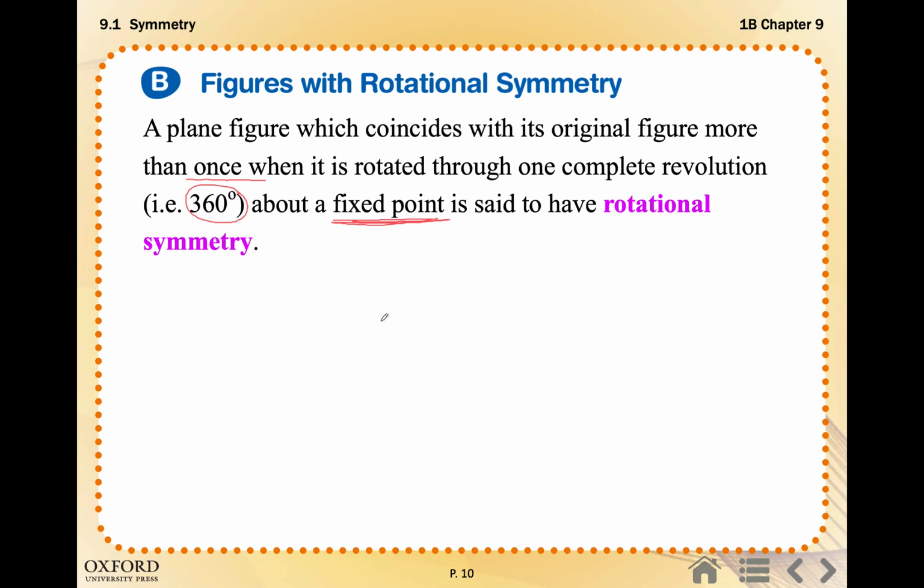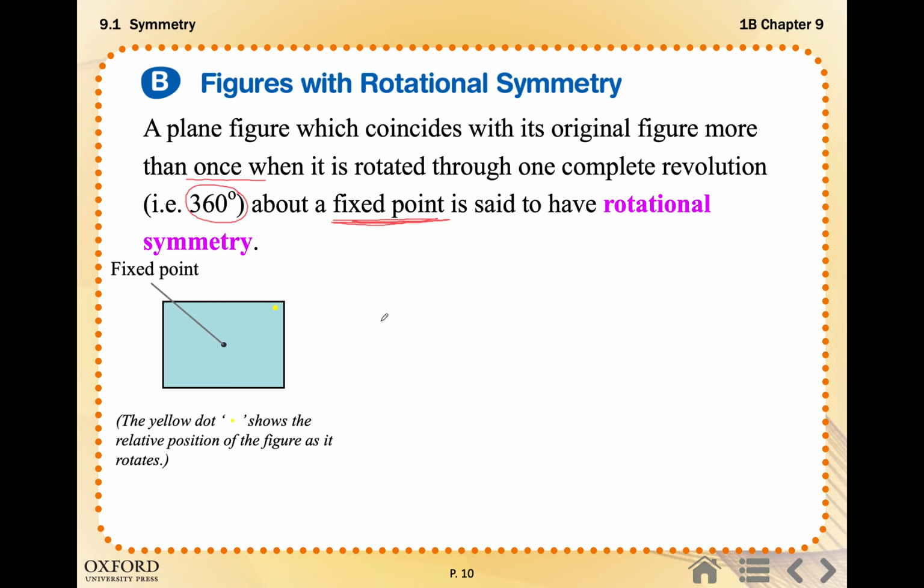So let's look at some examples about rotational symmetry. You can see that for this figure, this is a rectangle. And we may say this is the fixed point, because we always need to rotate the figure. I don't care whether it is rotated in the clockwise or anti-clockwise direction, but you have to find a fixed point and then rotate about this point.